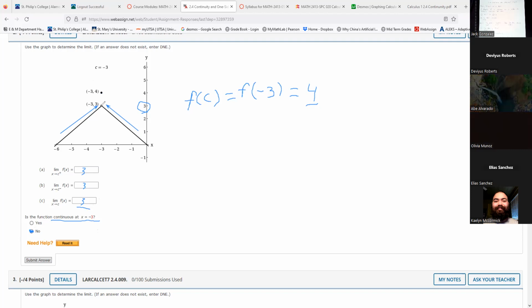They don't, because this one has a hole. So they said, you know what? For no reason, I'm going to put a hole here, but then put it up here. Technically, this would be a piecewise function, right? They're just creating problems on purpose to make us think, is it violating one of the 3?